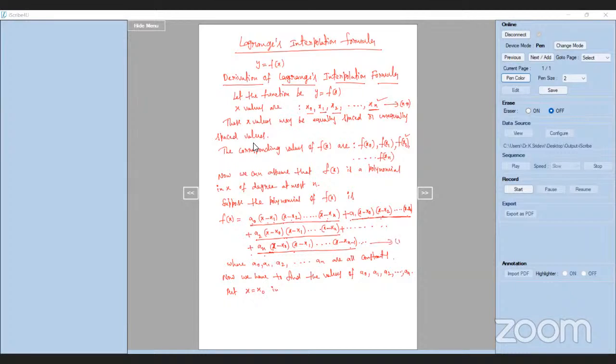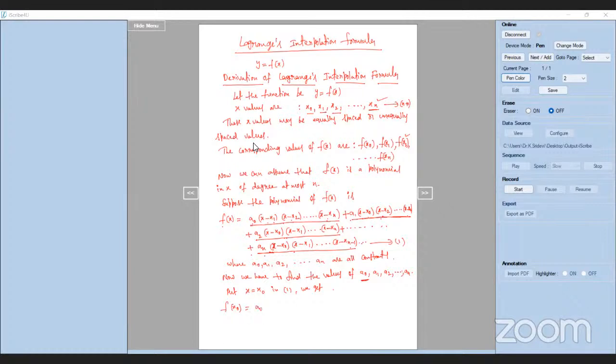This is equation number 1. So put x equal to x0 in equation 1, and we can get the value of a0. What will we get? In the first term, f of x becomes f of x0 is equal to a0.